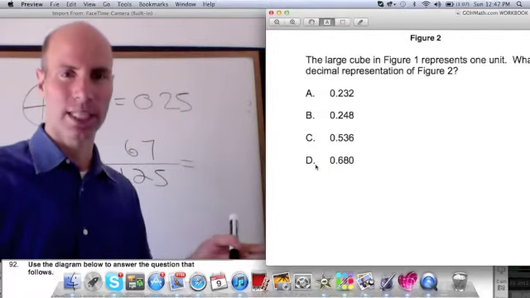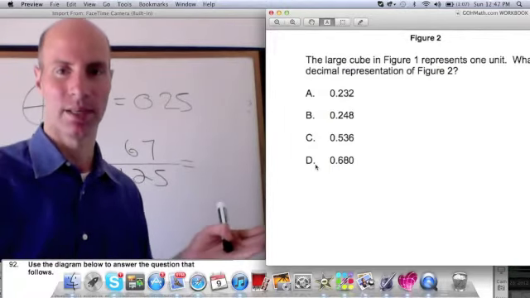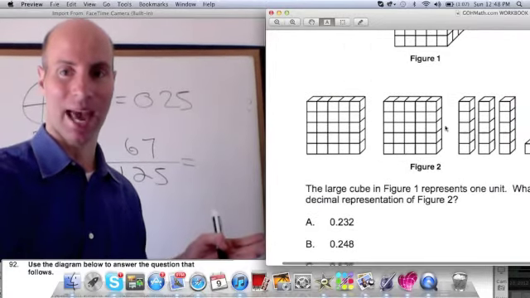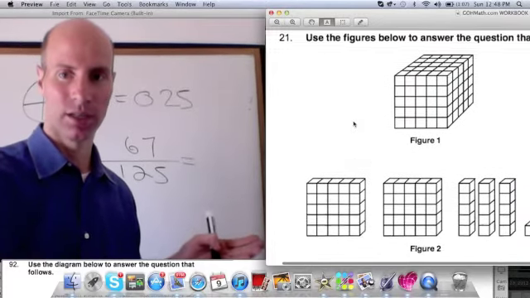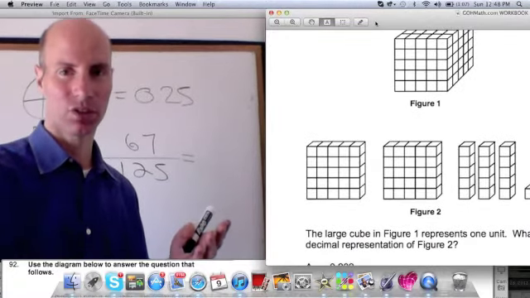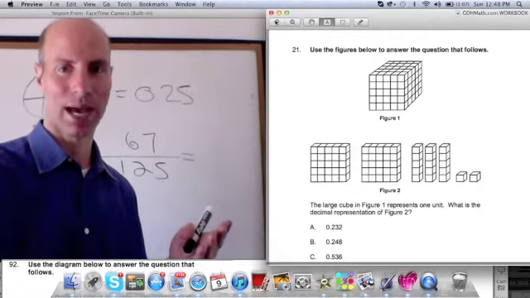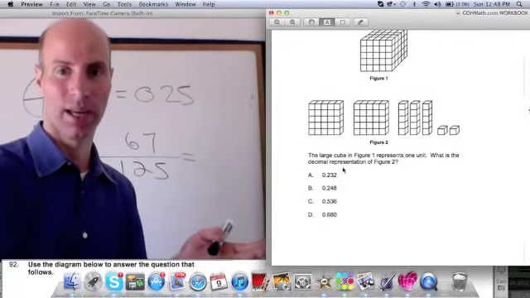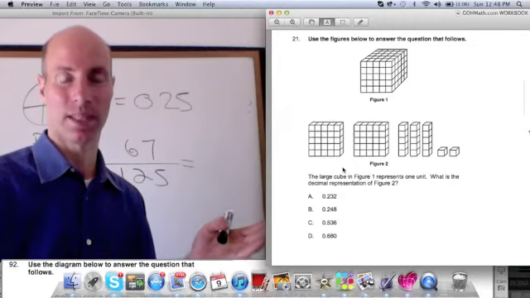So if you're really at the point where you don't have any time, just determine, is this about half of figure 1, or about a quarter of figure 1? Because the answer choices are either a half or a quarter, I think you can pretty much come up with it's a half.